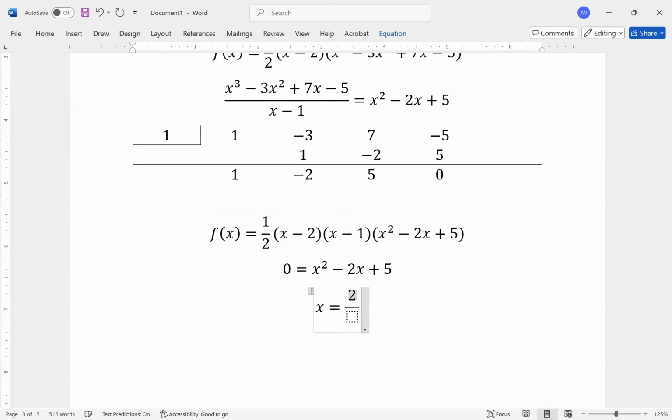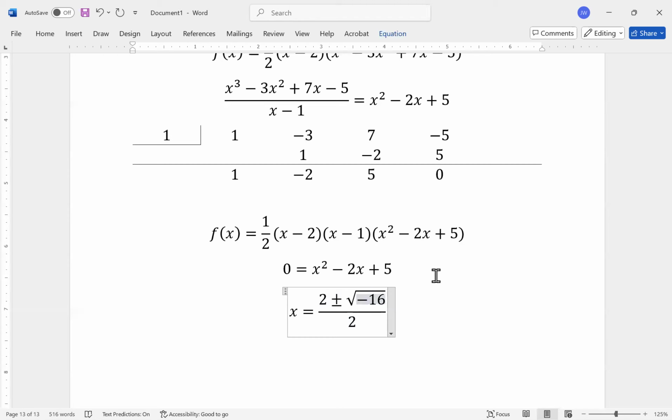Opposite of b will be 2 plus or minus the square root of b squared, which is 4, minus 4 times a times c, all divided by 2a. This is going to be 4 minus 4 times 5. That's a -16. And we've done this earlier.